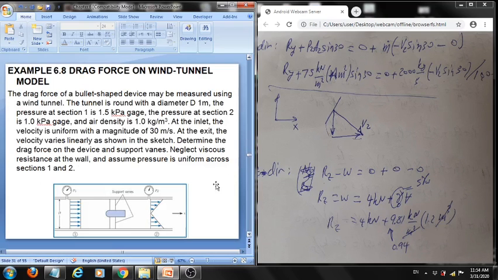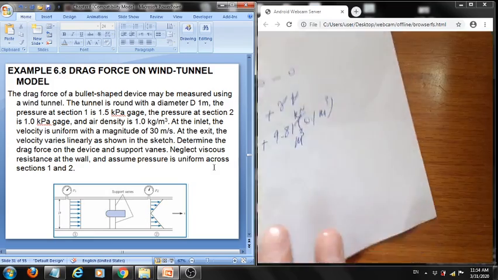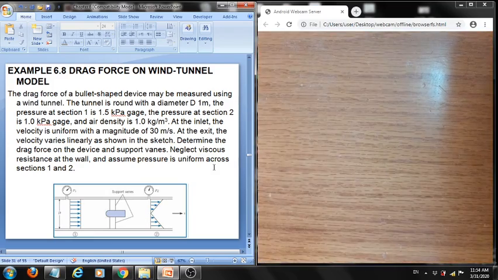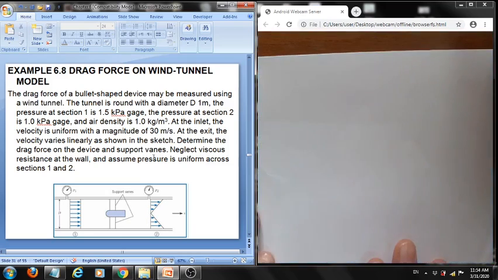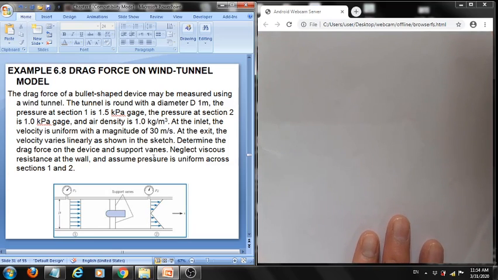Let's look at another aspect of the momentum equation, which is given to us by this problem. In this problem we have simply a duct, as he calls it, which we use for testing models, a wind tunnel. The model in this case looks like a bullet.